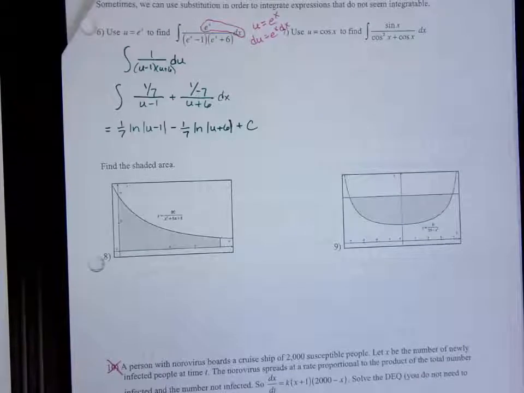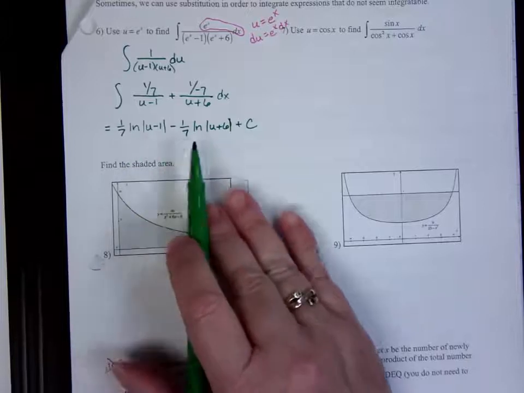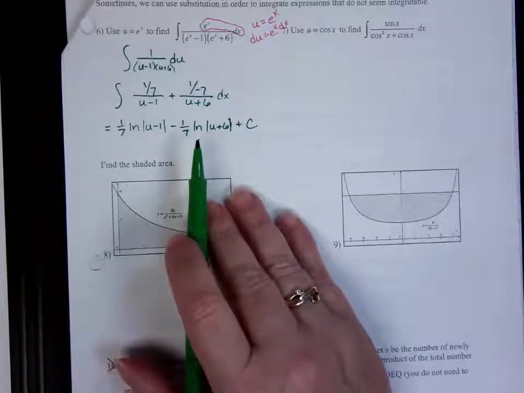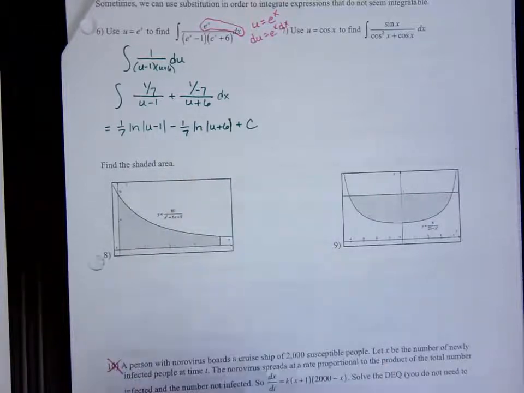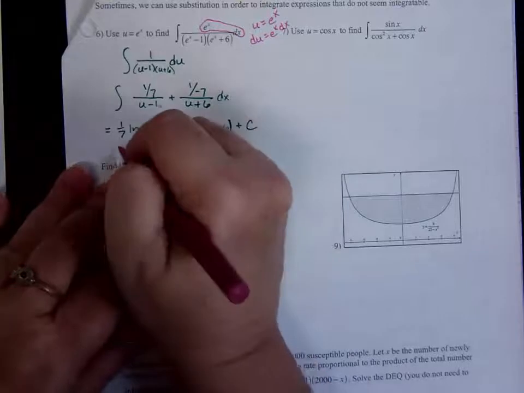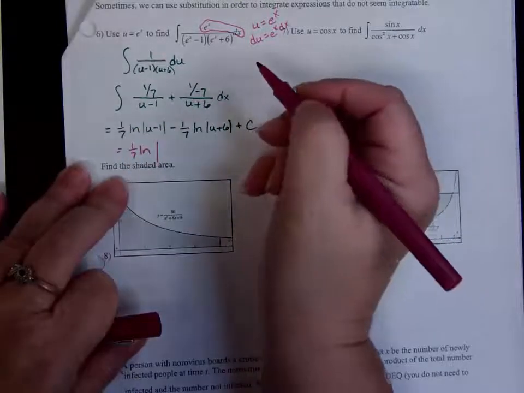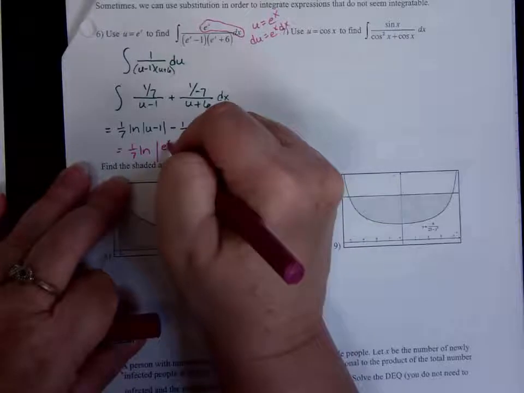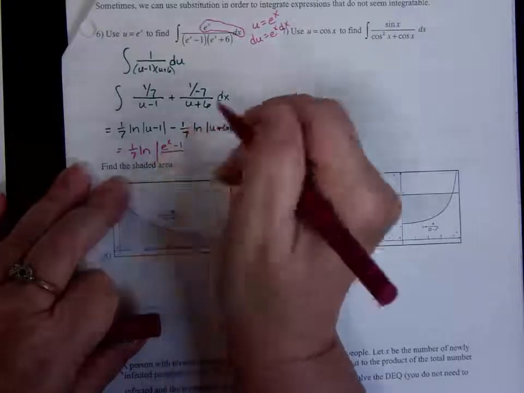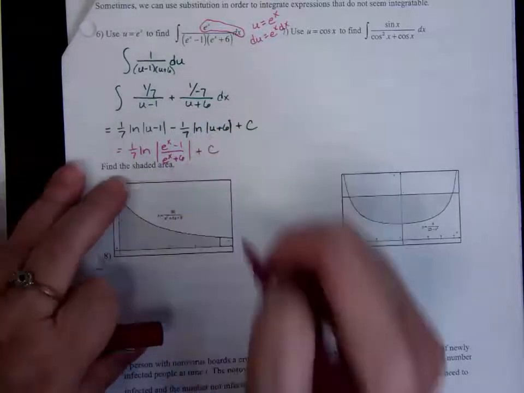I have to plug back in what u is, and do you also notice that the two coefficients in the front are the same? So what did we do last time when they were the same? Make it into a fraction. So I'm going to do that. So I'm going to get my other color and do both things at the same time. So it's 1/7 ln absolute value of e to the x minus 1 over e to the x plus 6, close it, then plus c.